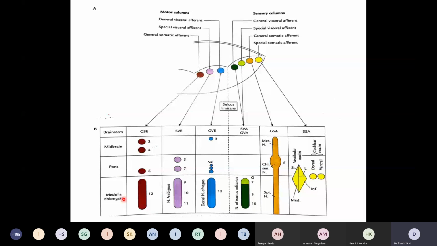Okay. So general somatic efferent has to supply the skeletal muscles of the head, which are not of pharyngeal origin, through the general somatic efferent column, and it has nuclei at these three parts of the brain stem, and these are the four cranial nerve nuclei.